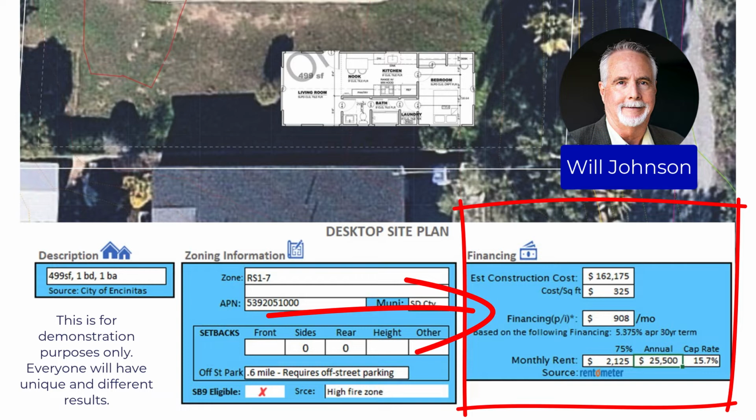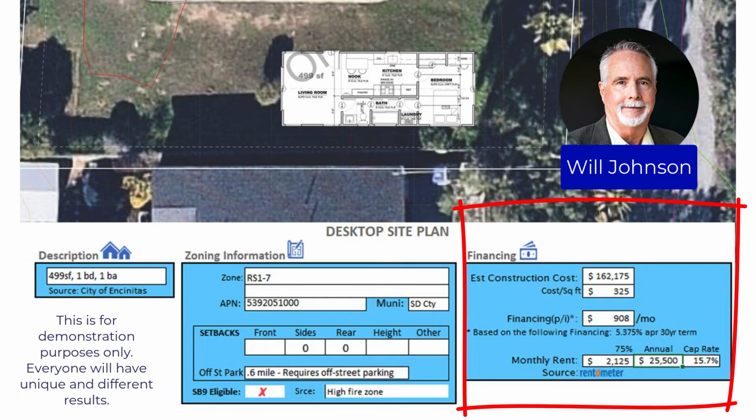So the net effect is this is adding $908 to somebody's mortgage payment. So what did we just do here? We just created a 1-bedroom, 1-bath for the net effect of $908 a month. Everybody understands that this is really incredible.